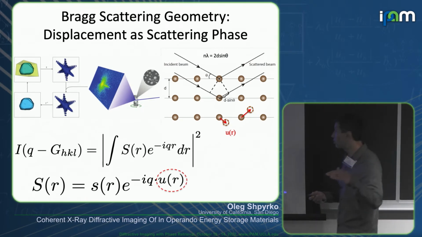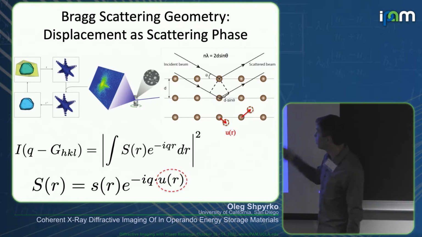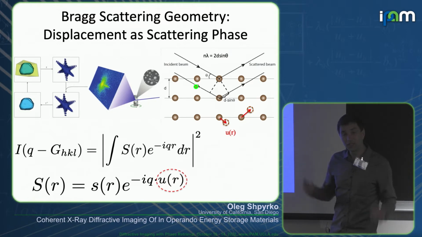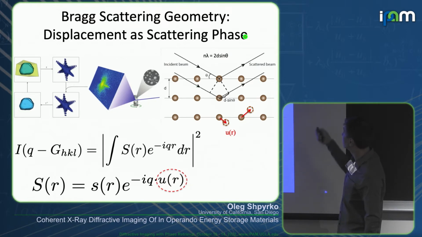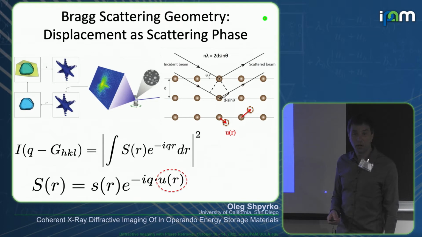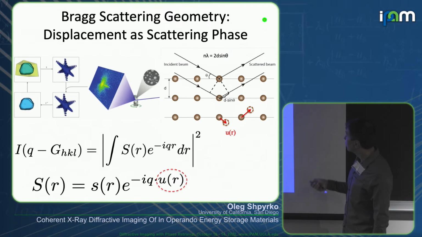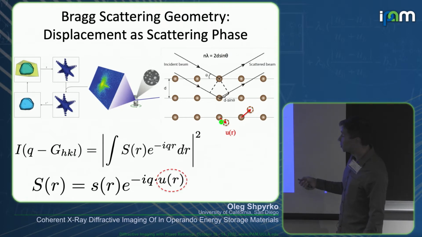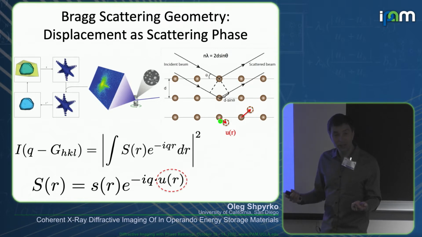If you have a perfect crystal where all the atoms are exactly where they're supposed to be in exactly periodic locations, then if you tune to the Bragg peak, all the atoms will scatter exactly in phase together, right? They're scattering in phase and sending all the rays to the detector without creating any phase differences. But if you start displacing the atoms from their periodic locations, then they start scattering slightly out of phase from their neighbors.